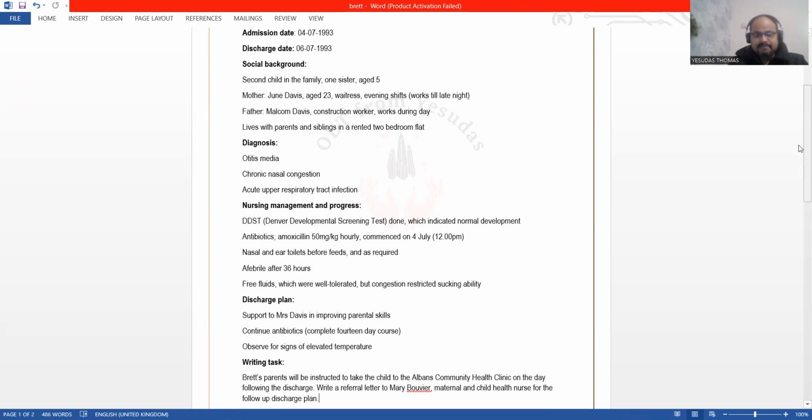Now, developmental screening tests were done, which indicated normal development. As far as this indicated normal development, it doesn't have any significance in the letter. Most of the candidates who have submitted the letter to me have written this DDST. They're thinking that this is something very crucial in this particular letter. No, it's not.